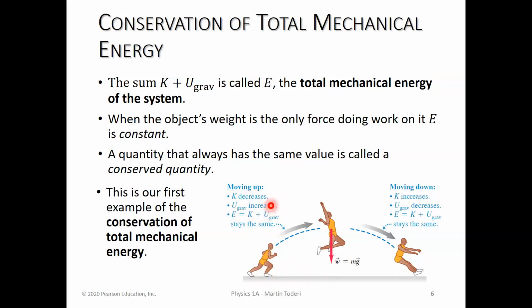So the potential energy will increase at this point, right? And it will be maximum for this whole motion, and we can write the mechanical energy as the sum of those two. So at the lowest point, we have kinetic energy, let's say maximum, and we have the potential energy at minimum.